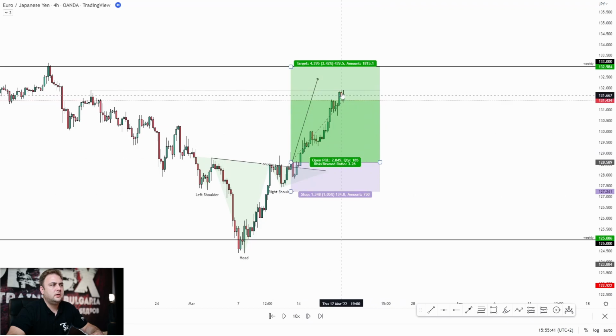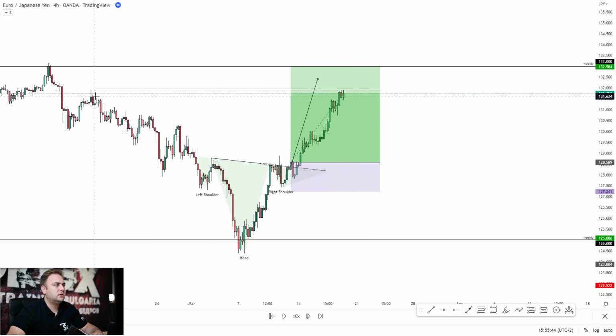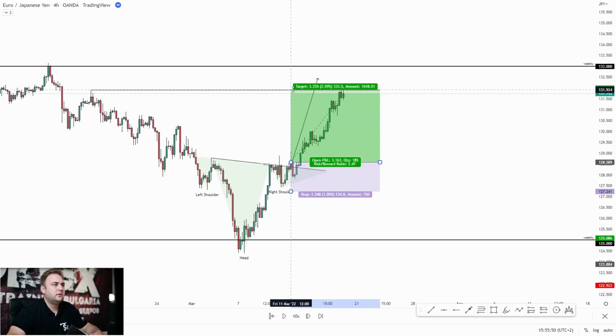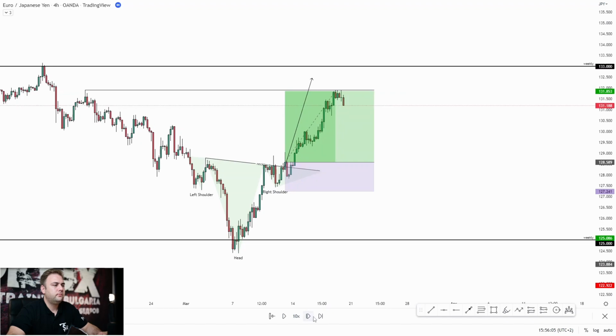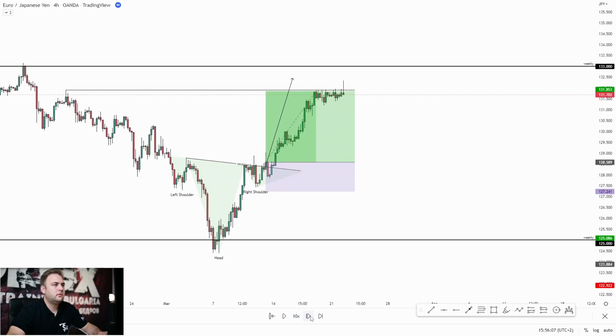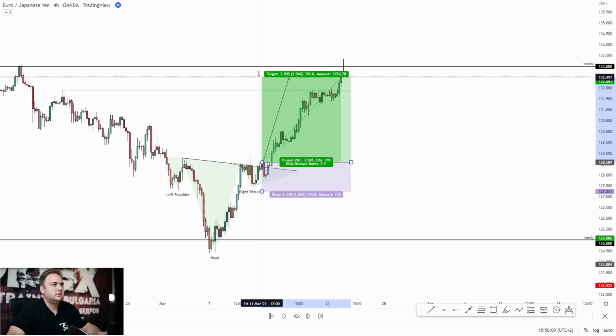you can see that here the price is almost at our take profit. And if we make, as I told you, a little before this high over here, our first take profit is hit. This is 326 pips. And let's see if the price is going to hit our second take profit. There it is.